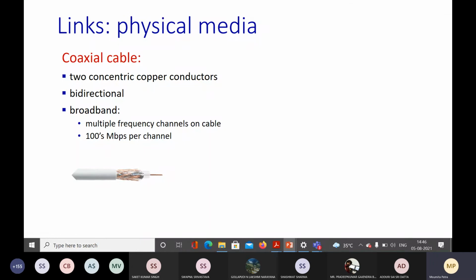As we talked about, in your cable and broadband connections you need signals at different frequencies to be transmitted. For those kinds of signals this coaxial cable is used, and it provides around 100 Mbps of data rate per channel.